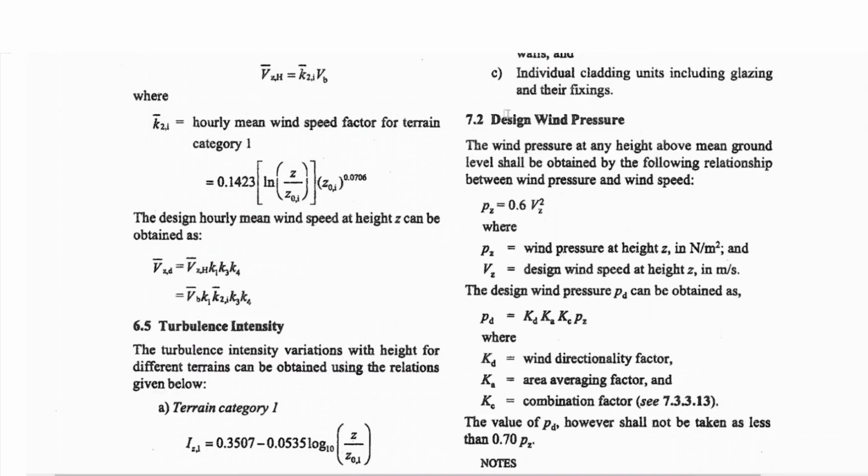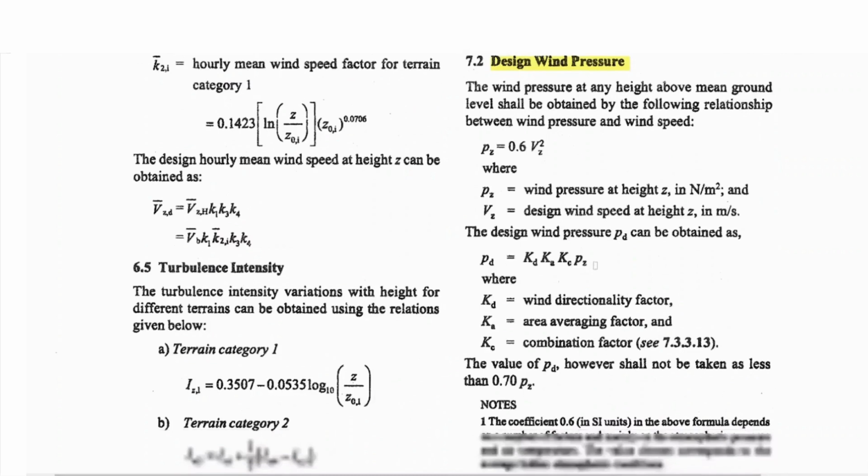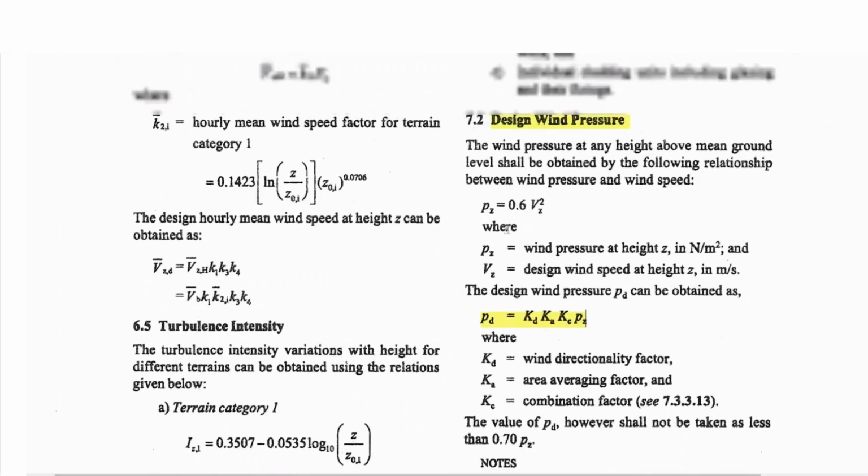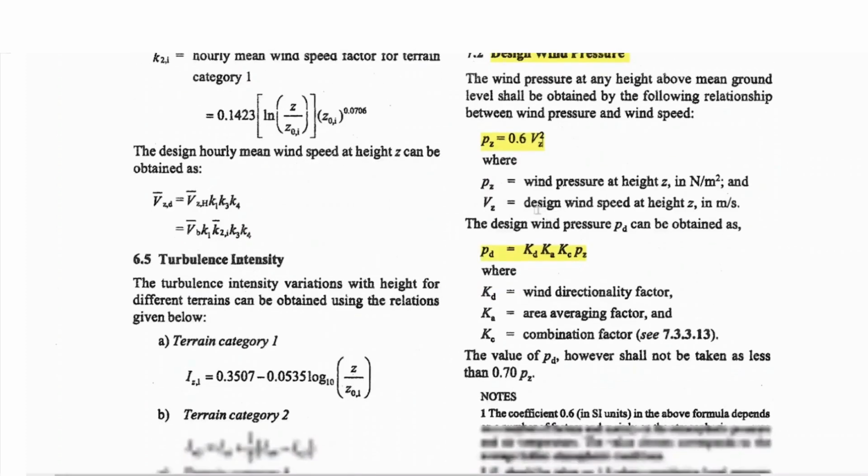After calculating the design wind speed, we calculate the design wind pressure. The design wind pressure is equal to Kd × Ka × Kc × Pz, where Pz is equal to 0.6 Vz squared.